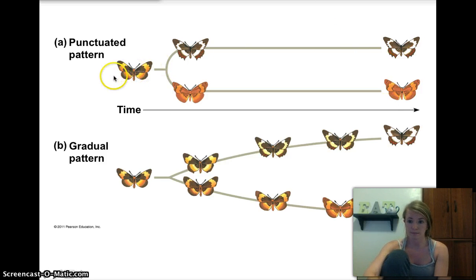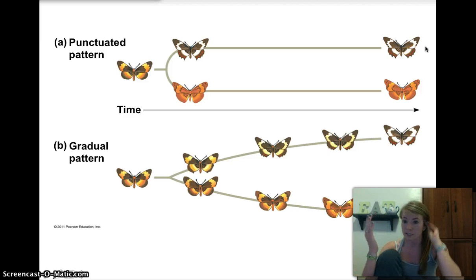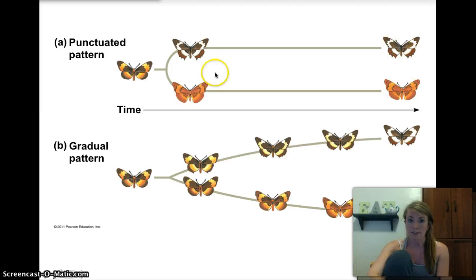So here's the ancestor. There's one speciation event, and it happens very quickly, and suddenly we have two different species. Then the two species stay the same for a very long time until suddenly there's another speciation event, and they may differ again. Okay, so that would be punctuated equilibrium. Punctuated meaning interrupted or marked off. So it's equilibrium. It's not changing. It's a period of stasis, staying the same, until suddenly there's something that interrupts it.